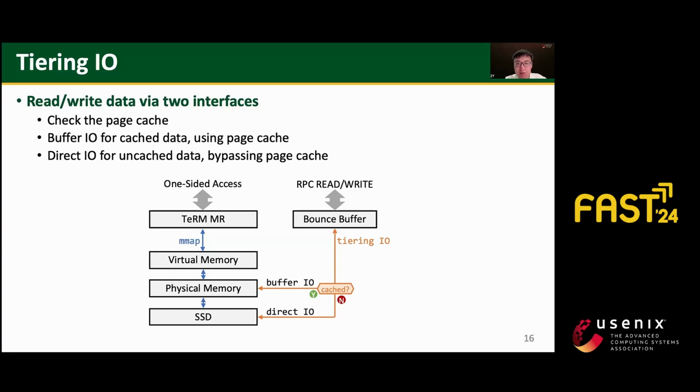To avoid heavy overhead by the page cache management, TeRM I/O uses two I/O interfaces conditionally. TeRM I/O queries the page cache to learn whether data is cached. If the data is cached, TeRM I/O accesses it by buffer I/O. Otherwise, TeRM I/O accesses the data by direct I/O.